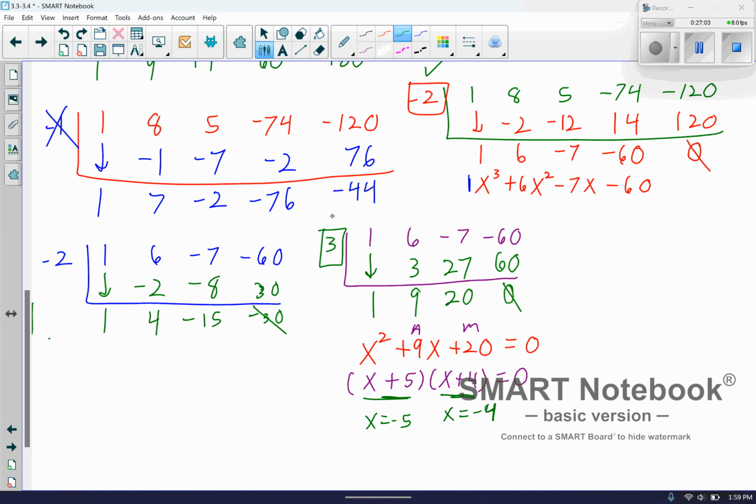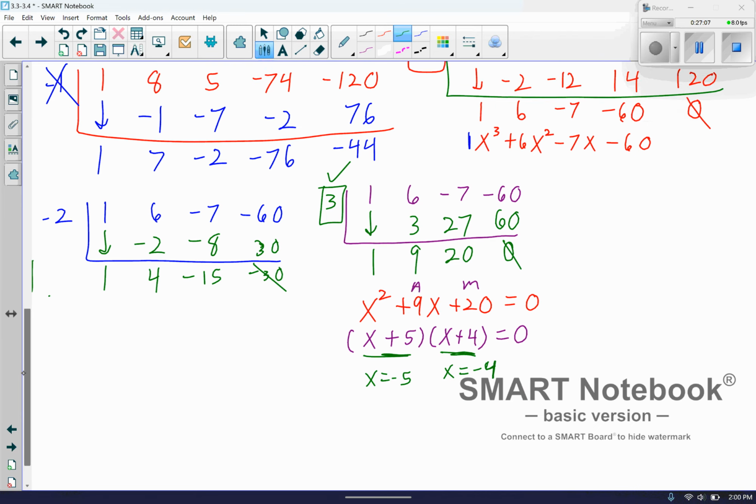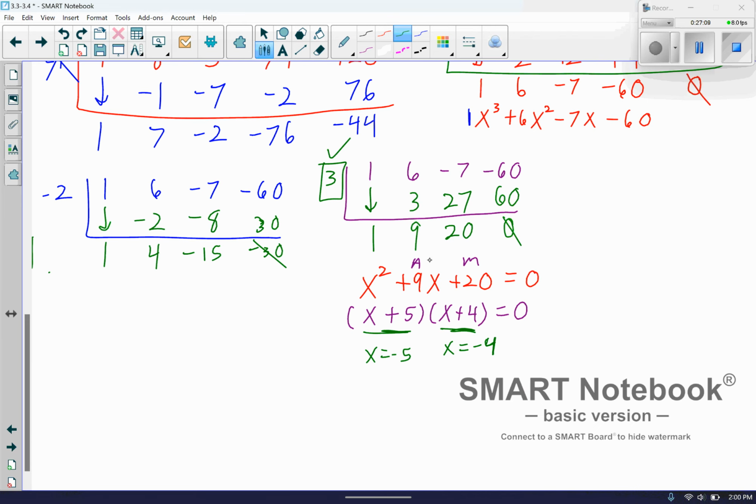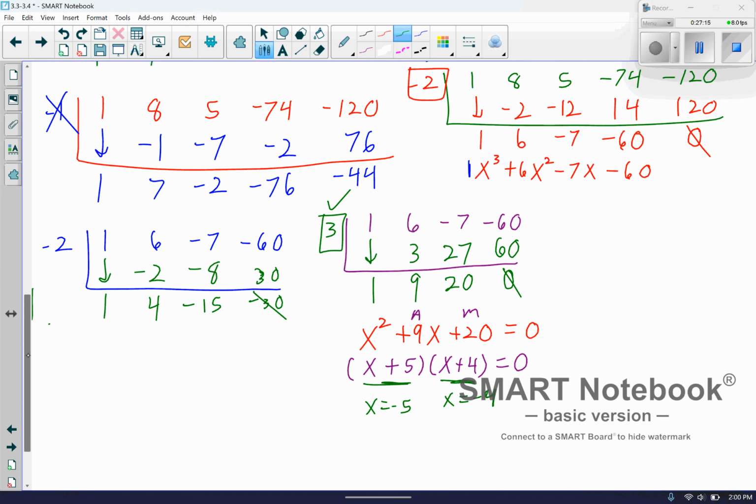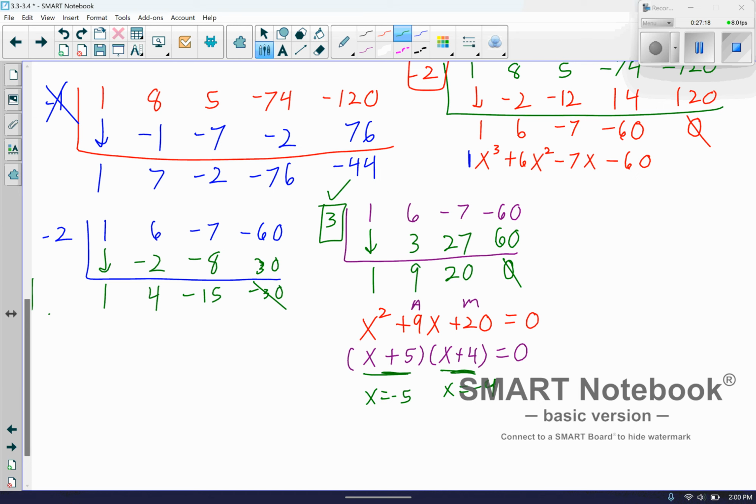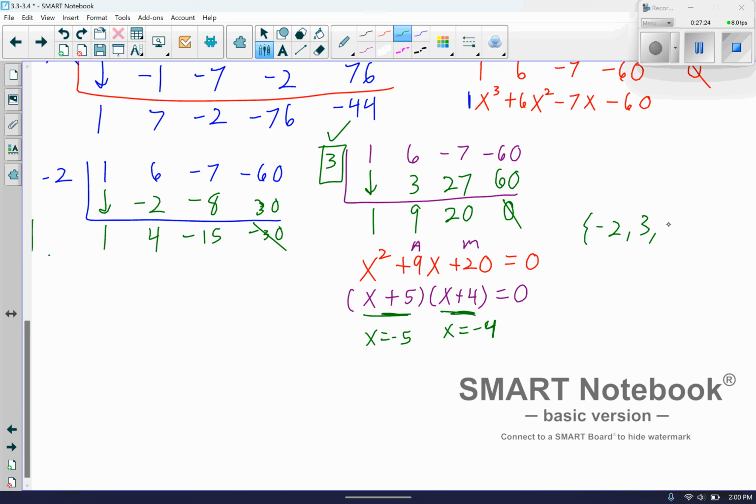So I know negative 2 worked, 3 worked, and then I was able to take the quotient once we got it down to a quadratic equation. And fortunately, I could just factor it. I didn't have to do the quadratic formula. So there are my 4 solutions. So I have negative 2, positive 3, and then down here I found 2 more, negative 5 and negative 4.